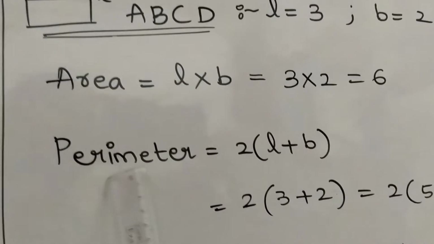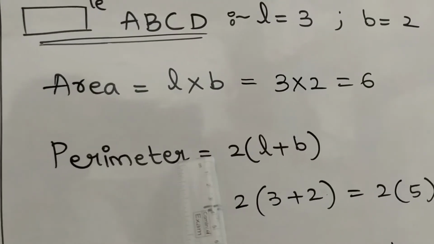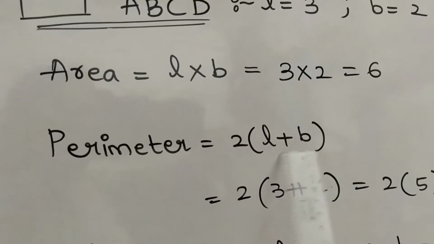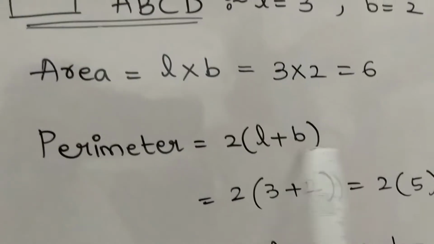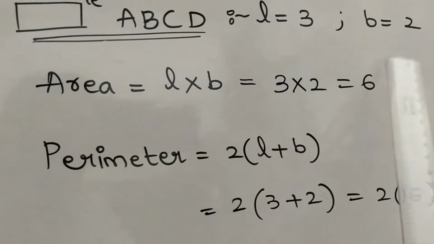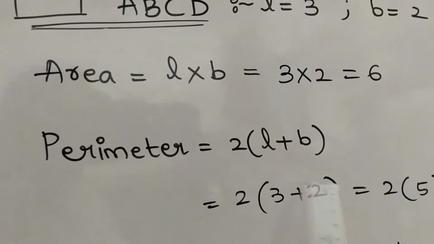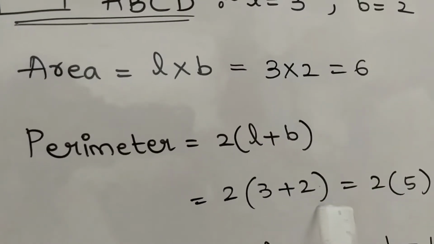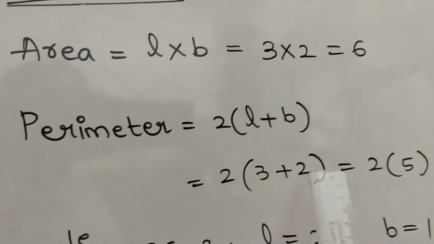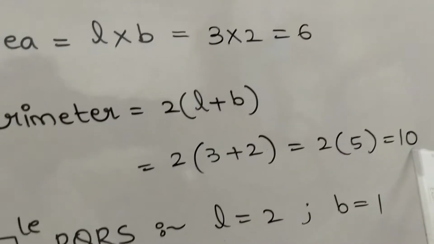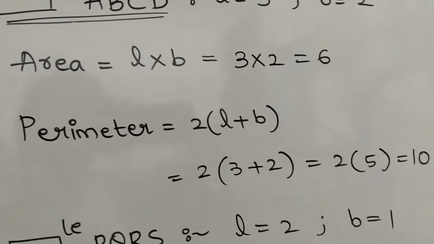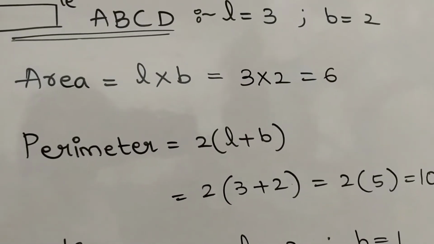Perimeter is equal to 2 into (L plus B), that is 2 into (3 plus 2). Substitute length 3 and breadth 2. So 2 into 5, and 2 fives are 10. Hence the perimeter is 10 and area is 6.